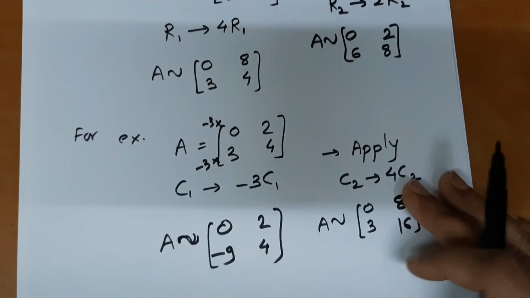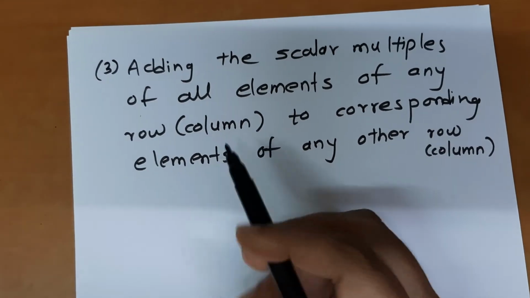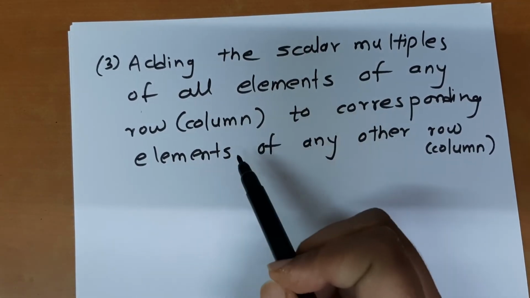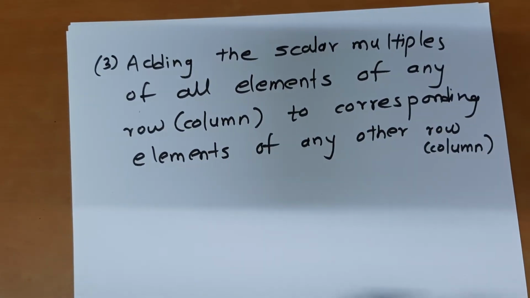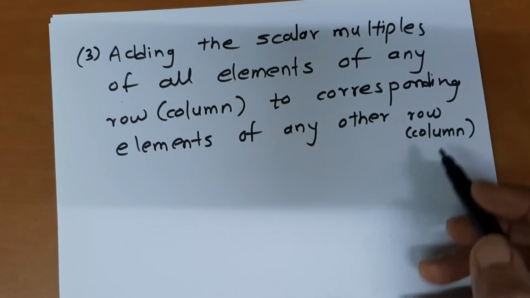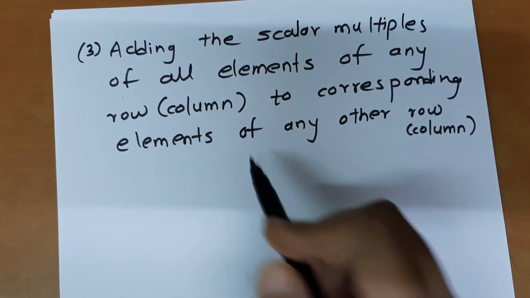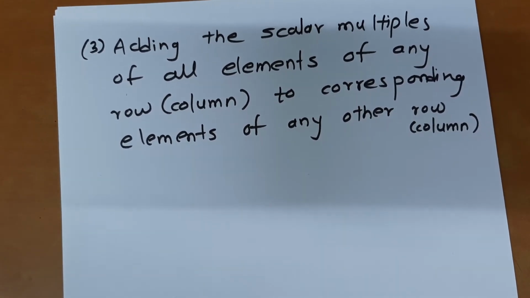So we'll now take the third type. See the third type, adding the scalar multiples of all elements of any row or column to the corresponding elements of any other row (in bracket, column). Why is it written so? Because we can either take the operation with the row at a time or take the operation with the column.